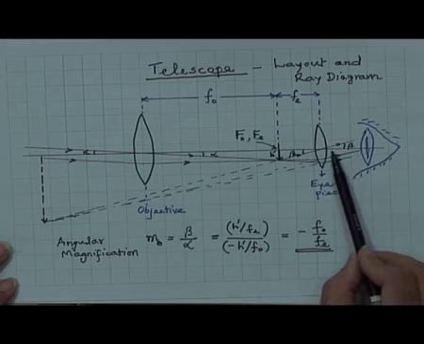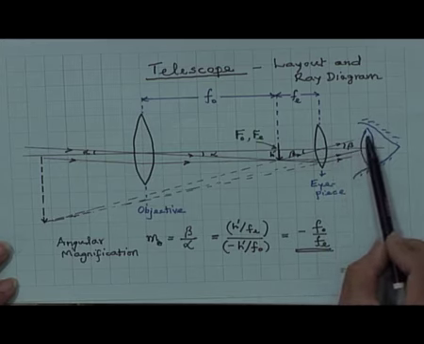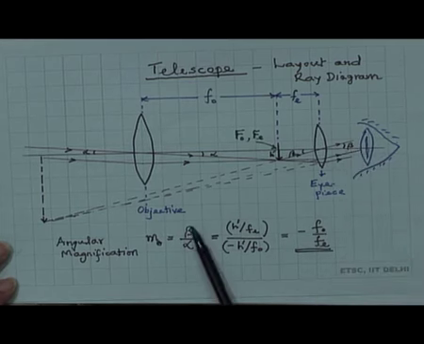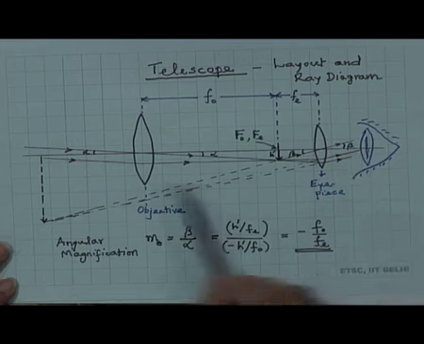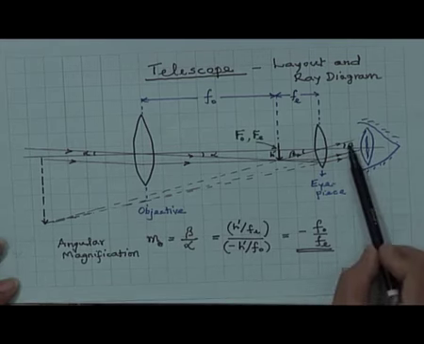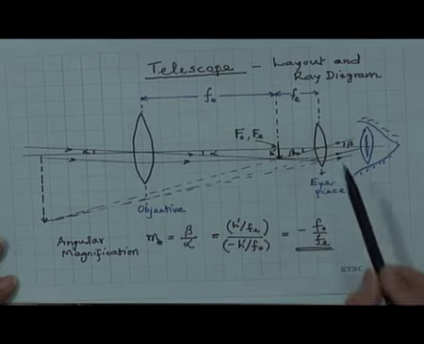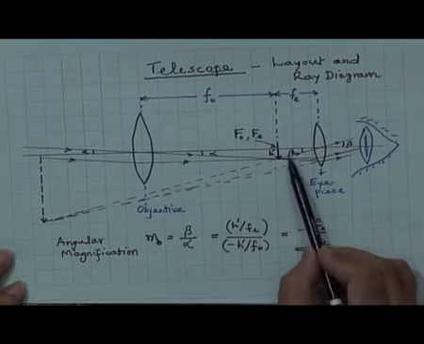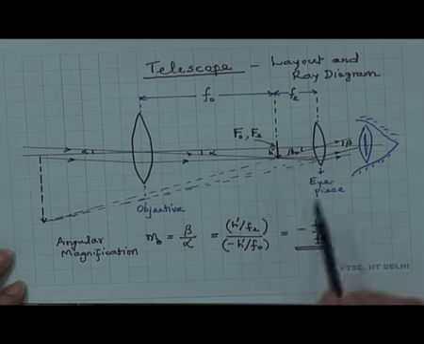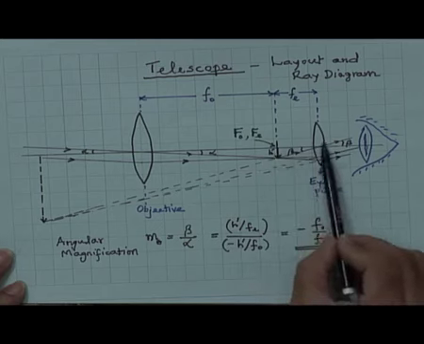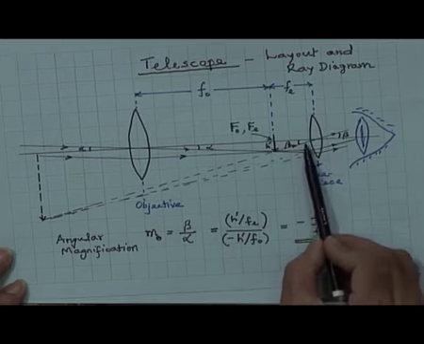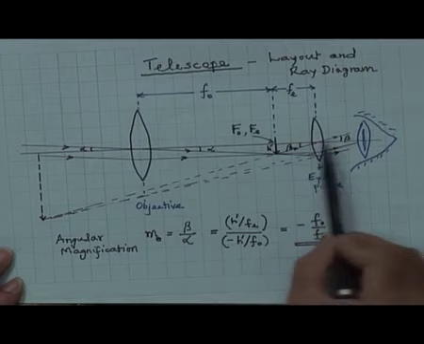We can see here beta is the angle subtended at the eye, and therefore, the angular magnification is beta divided by alpha. Beta is the angle because of the telescope. And what is beta? If you look at this diagram, beta here is h' divided by f_e. We can see that beta is nearly equal to tan beta, we are talking of extremely small angles.